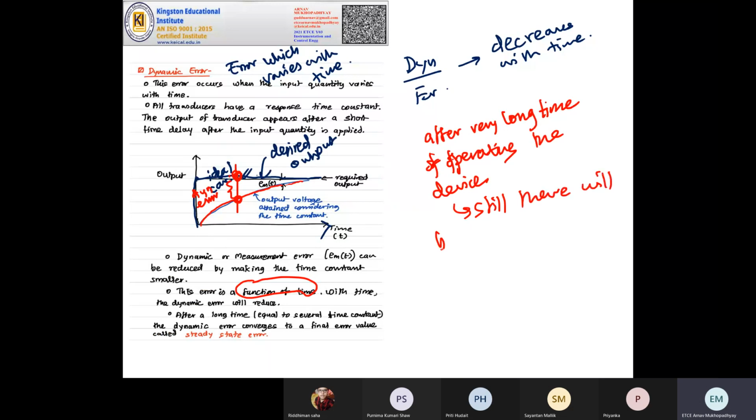It will be a very small error. This error is known as steady state error. Okay?